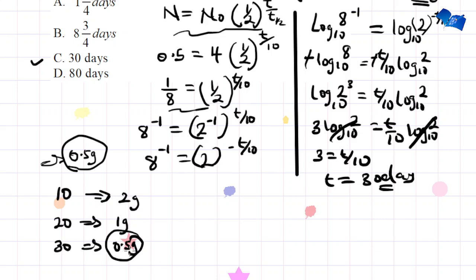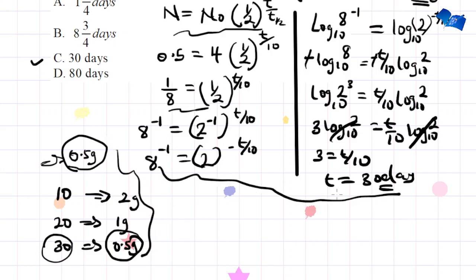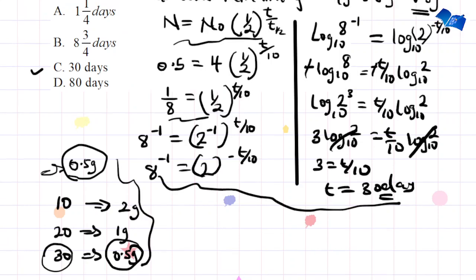So for it to remain 0.5 gram, you should have spent 3 half-lives, which is 30 days. This is straight to the point. So doing this is far easier than doing the other, right? Because solving using logarithm is very long, but your knowledge of what half-life is and how to navigate it is easy and straight to the point. That's why the correct option is still option C, 30 days.